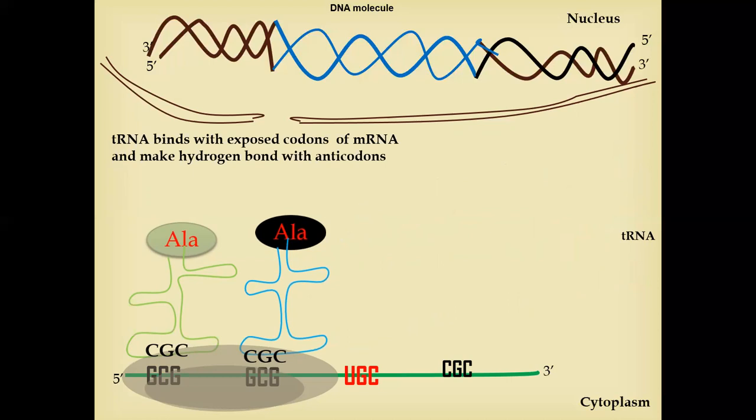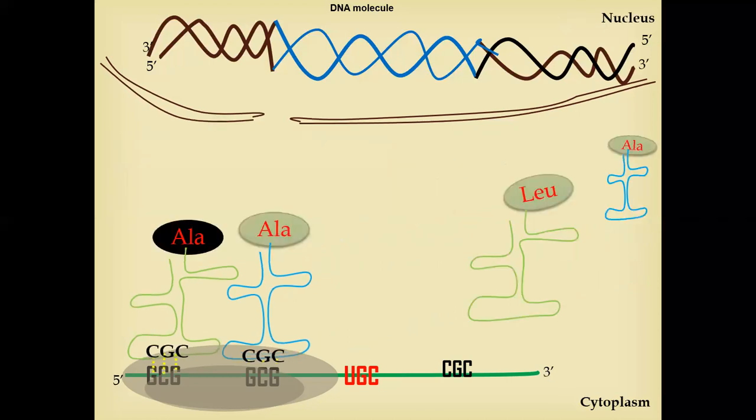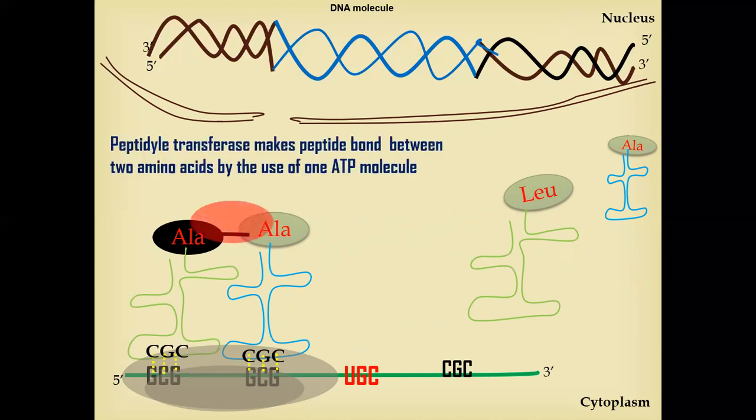When the codon on messenger RNA and the anticodon on transfer RNA match in sequence, they will make hydrogen bonds. After making hydrogen bonds, they will leave their amino acids and the peptidyl transferase enzyme makes a peptide bond between the two amino acids by using one ATP molecule.